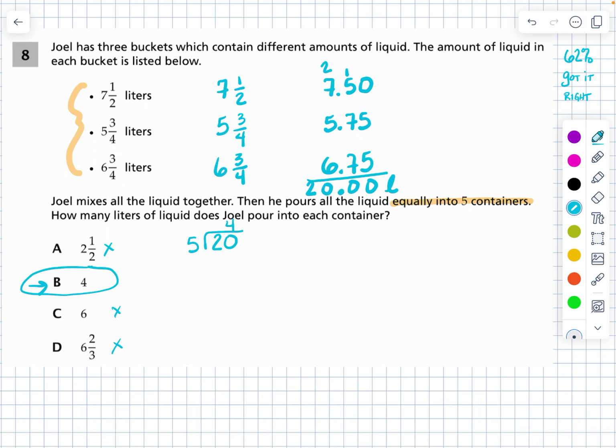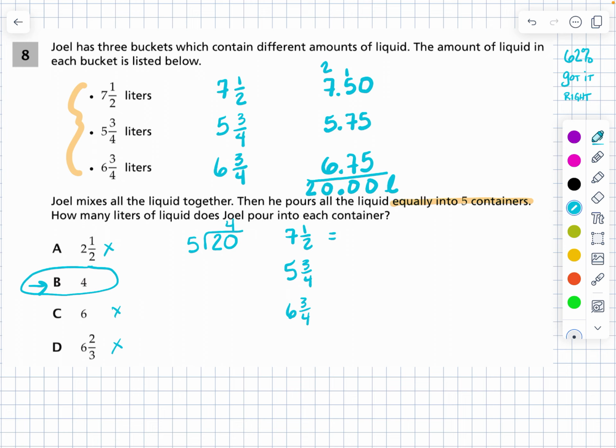Now, if you want to see it as a fraction and you see that easier, then perfectly fine to do that. So let's take each of these again. So I've got 7.5, 5 3/4, and 6 3/4. I'm going to convert each one of these into a fraction greater than 1.